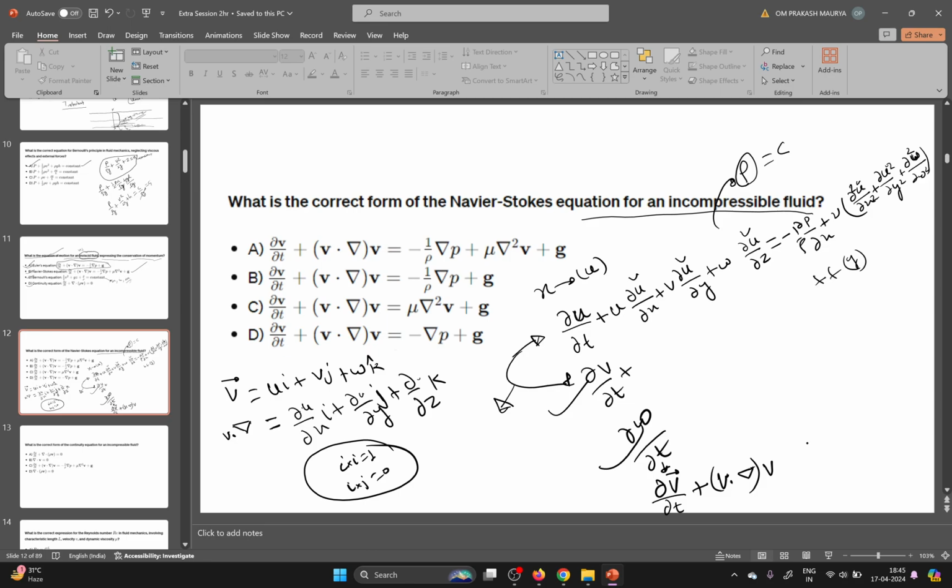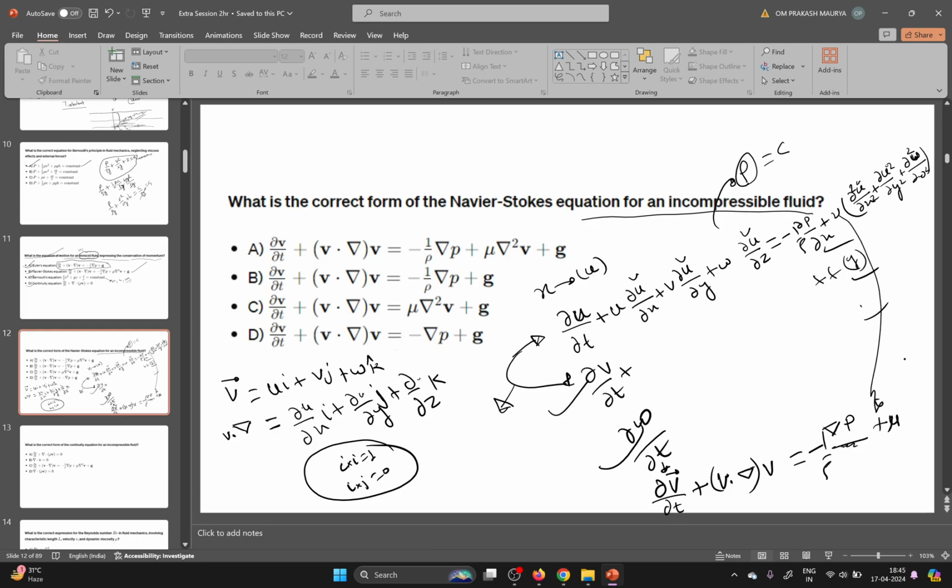Now it is equal to del p, because in the x, y and z directions, for all three directions you need to write del p. Now this one is mu by rho, definitely it will come like that.